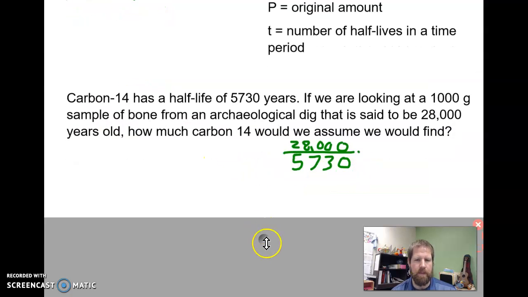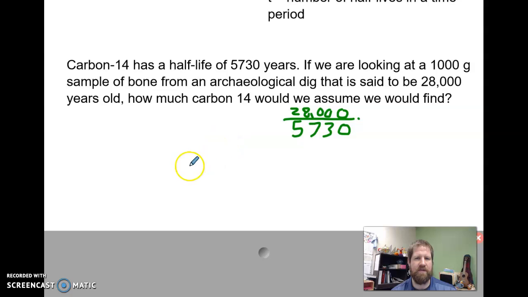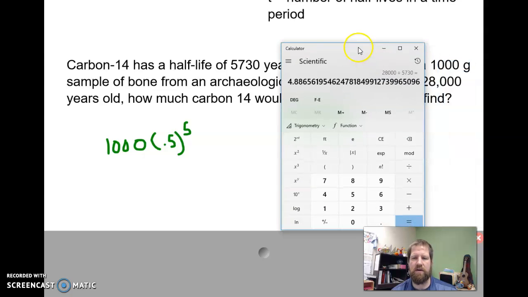Okay, so if we've got 5 half-lives of carbon-14, we're going to start with our original amount, 1,000 grams, multiplied by our 0.5, our half-life, over 5 half-lives of that material.